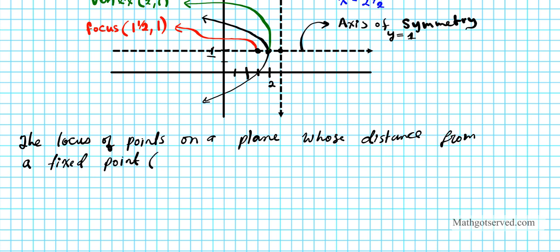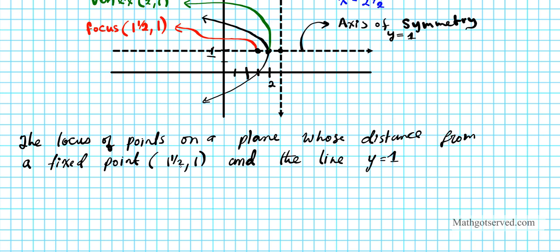From a fixed point 1.5 comma 1 and the line, the directrix, x equals 2.5.